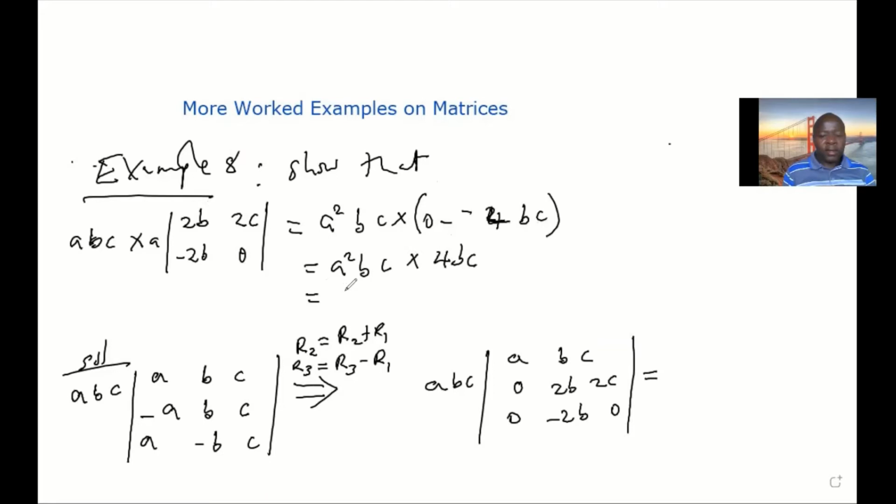What does this give us? This is 4A square B square C square. So this is what we needed. So we have shown that we could have proceeded in any of the ways.